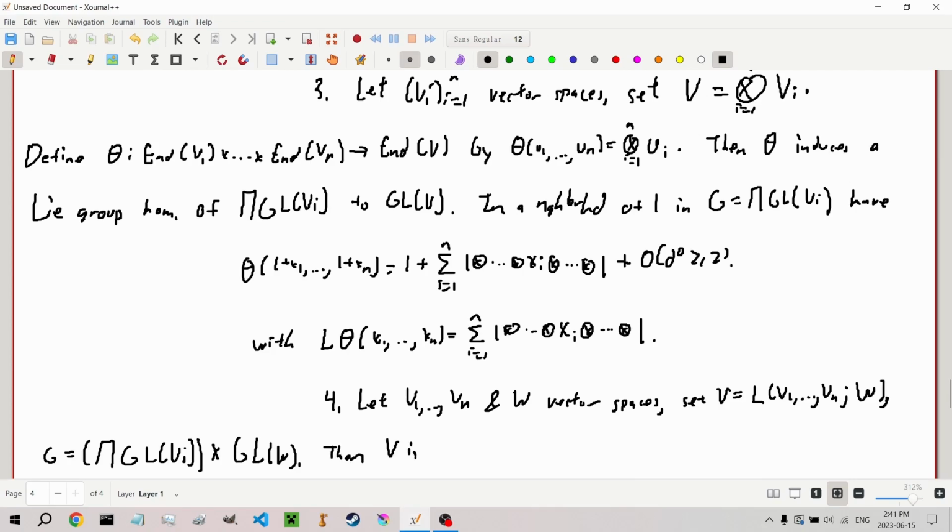Then V is canonically isomorphic to the tensor product of all of our Vi stars, then tensored with W, regular.